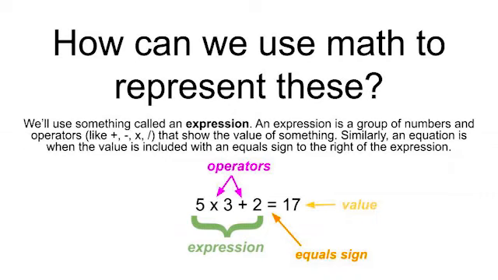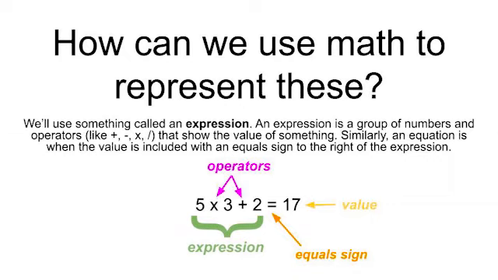And you'll see here at the bottom of the page a little diagram that's labeled with each of the parts of an expression. So for us as mathematicians, expressions and equations are really useful for when we want to use math to solve real-life problems. We can use them to describe a number that we've come up with from a real-life problem.